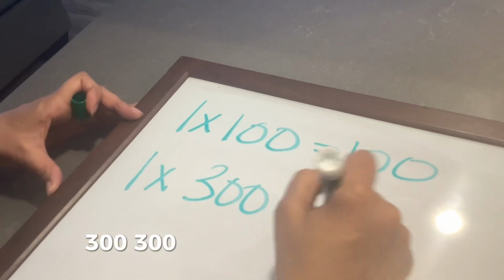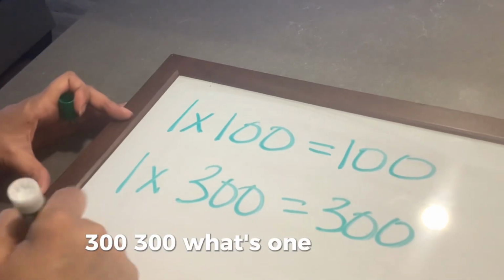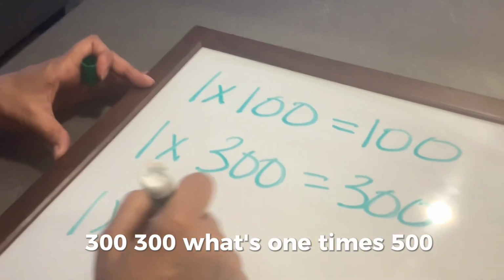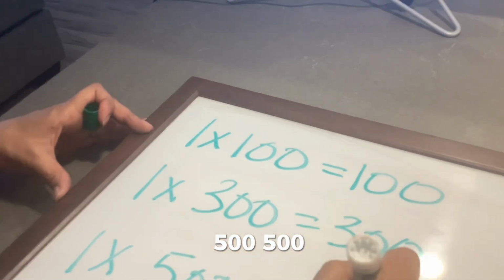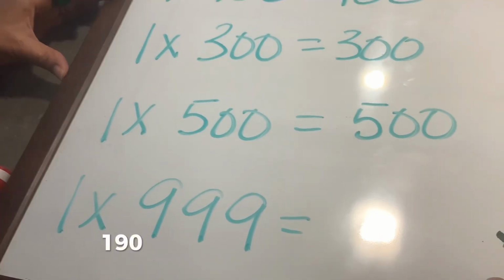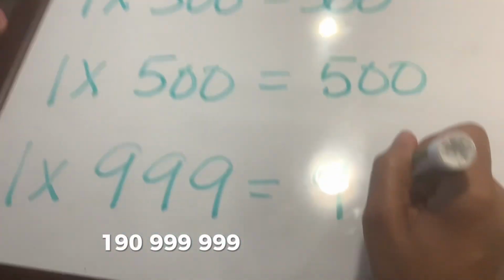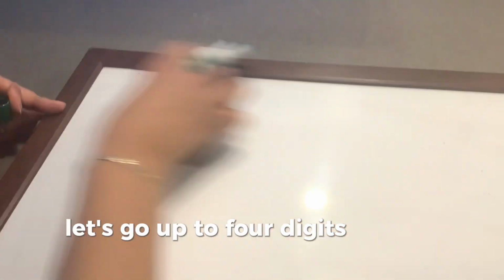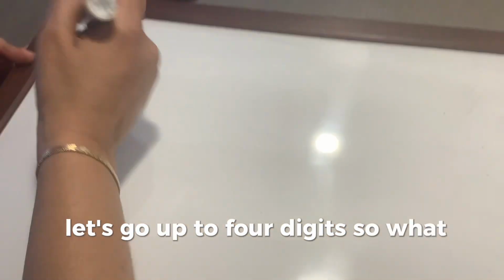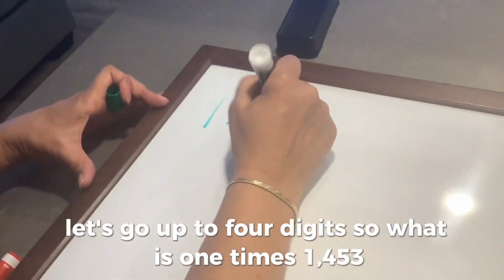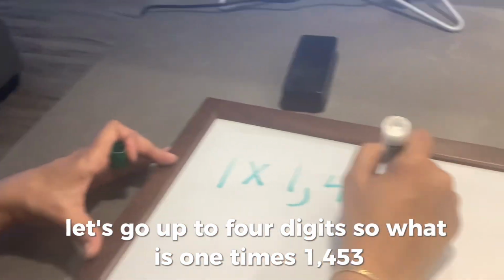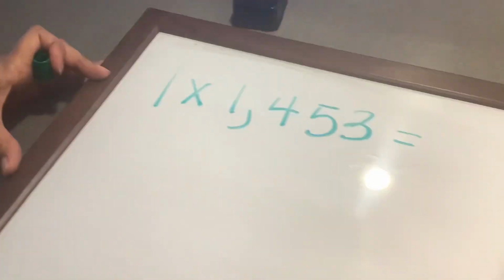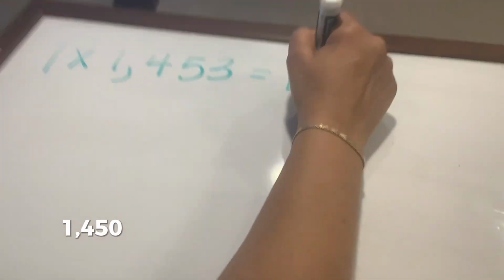300. What's 1 times 500? 500. 190. 999. Very good. Let's go up to 4 digits. So what is 1 times 1,453? 1,453.